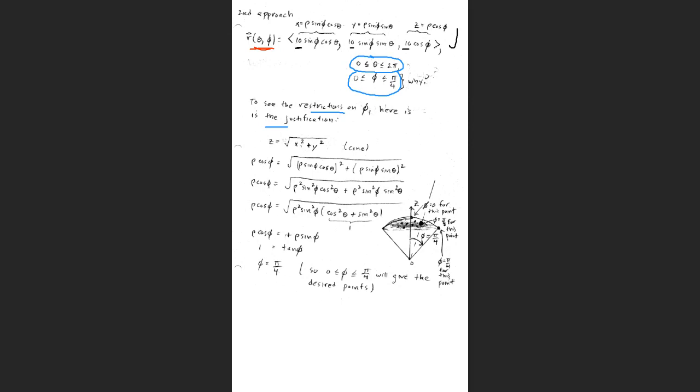So if we put our parametric equations in the equation of the cone, we can figure out the restrictions on phi. So z is rho times cosine of phi, and x and y are as you see here.